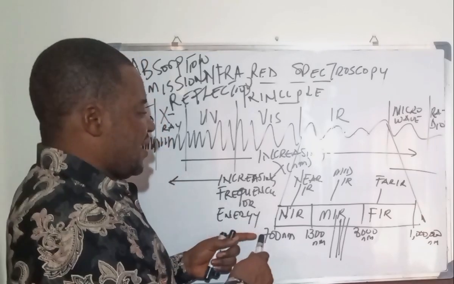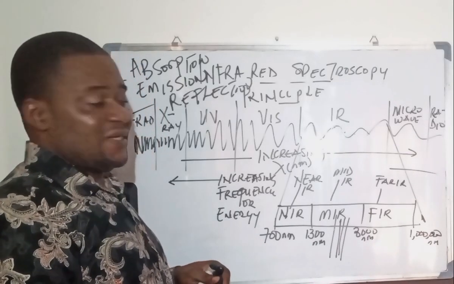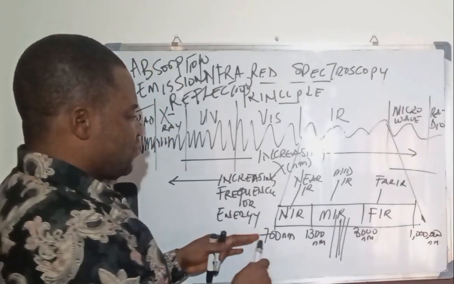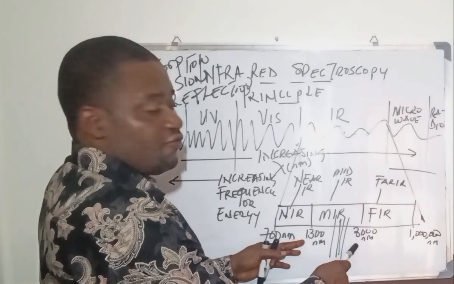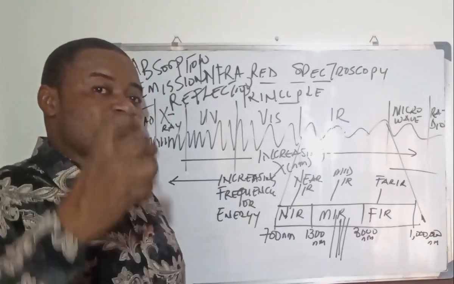Remember that the IR is ranging between 700 to 1 million nanometers. So it means that between 1300 to 3000 is that particular radiation that the sample is going to absorb.